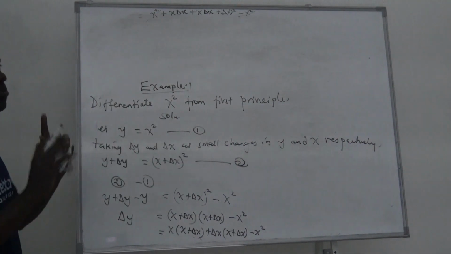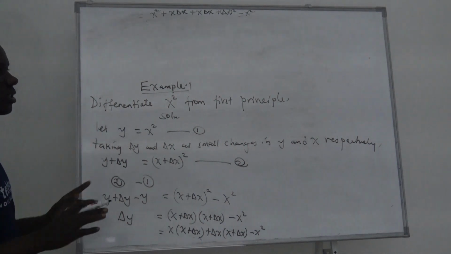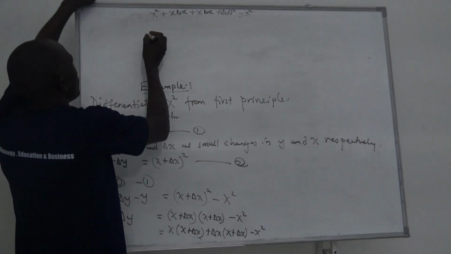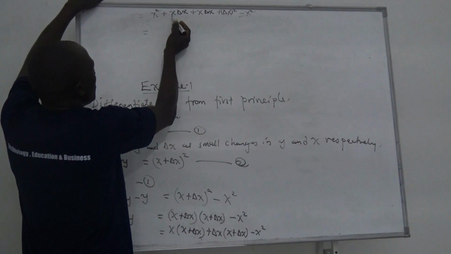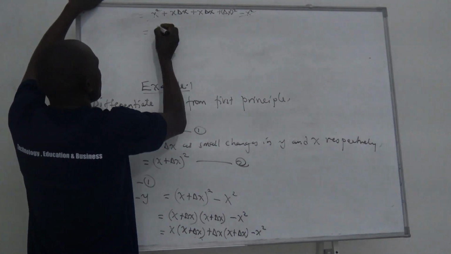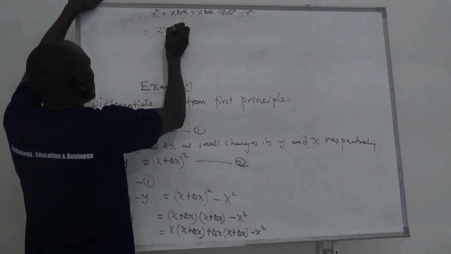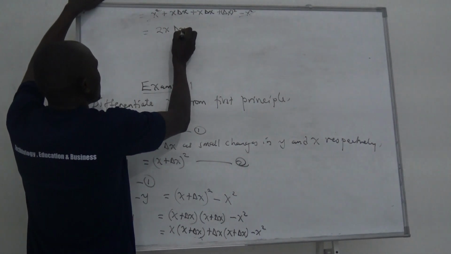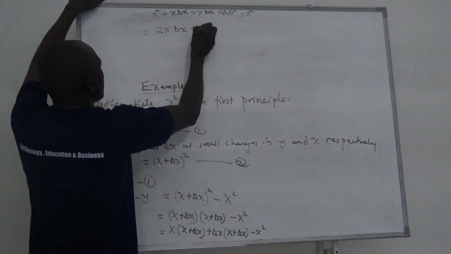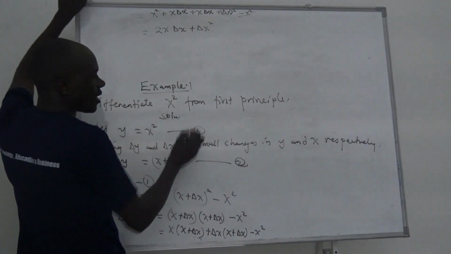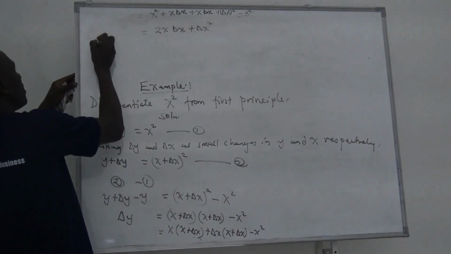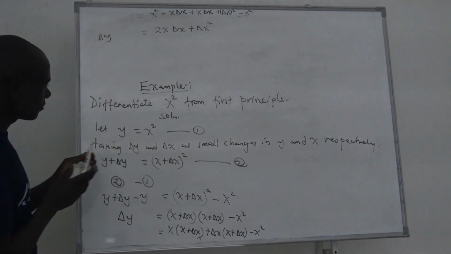Even if you don't cross out, observe and understand what is going on. This is the same as 2x delta x plus delta x squared, which is already delta y.